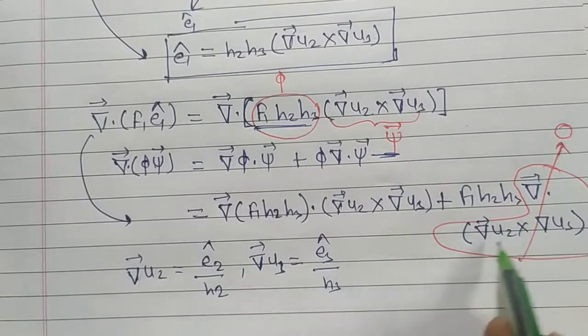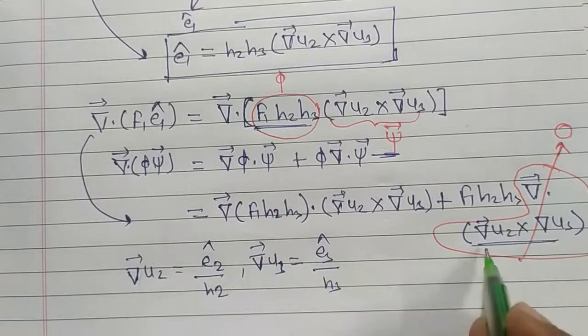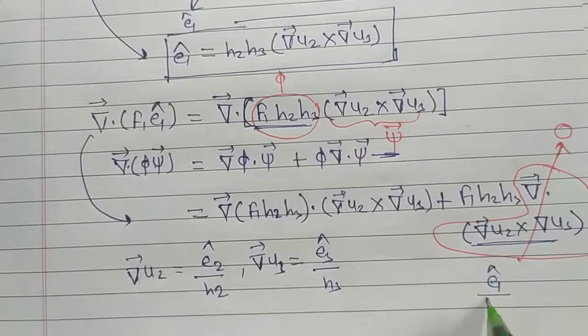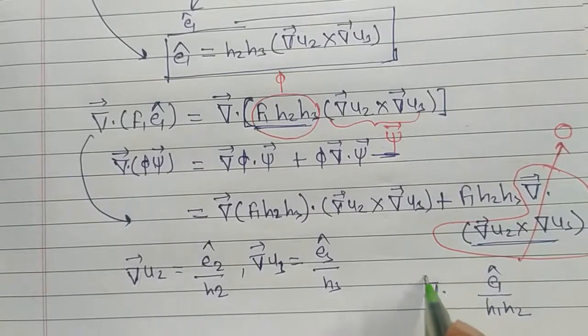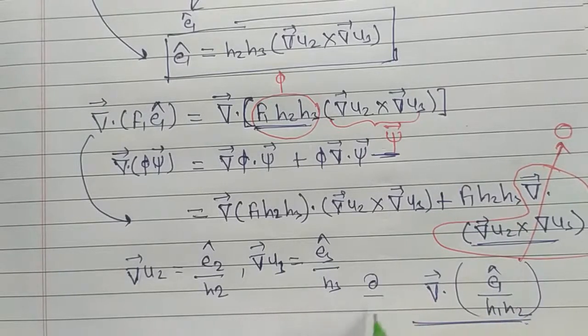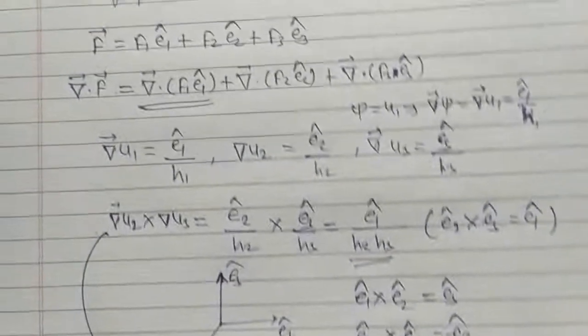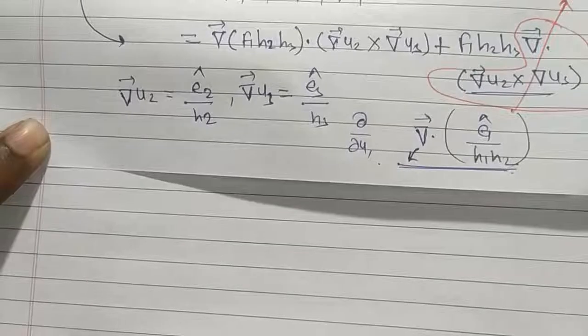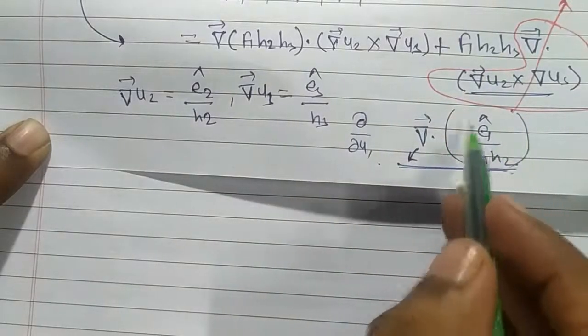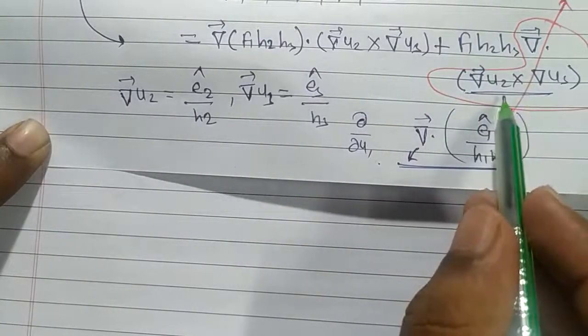If I take the cross product of these two, it will give me e1 cap by h2 h3, and if I operate del on this quantity, I have to take the derivative with respect to u1, but there is no u1 in this quantity. We have not written any expression for del, so I will take it on the next page. So we were here, operating del on this quantity, which is a product of this.